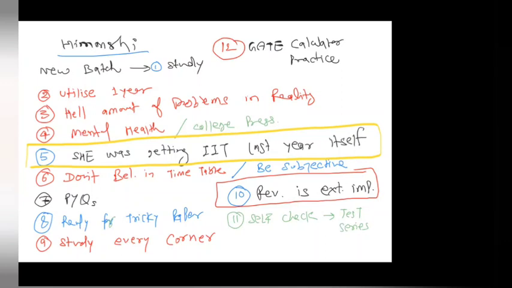I know approximately 1 to 2 months we will be on bed, literally sick, with fever and all those things that happen to a normal human being. But still, we have 8 to 9 months. We can do a lot. So just go on. That's it, sir. All the best.